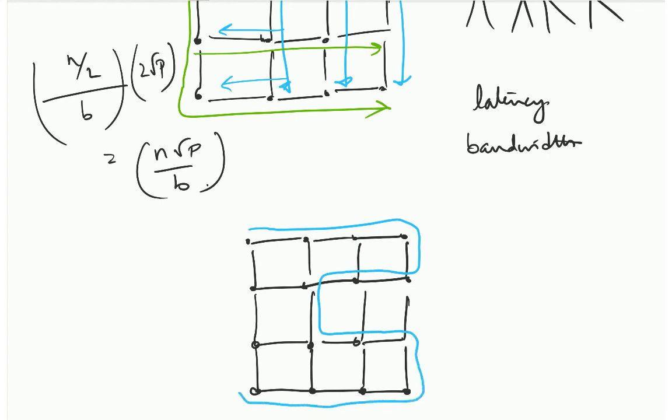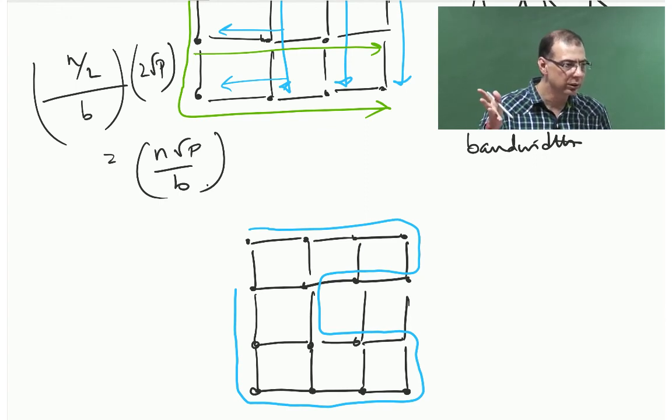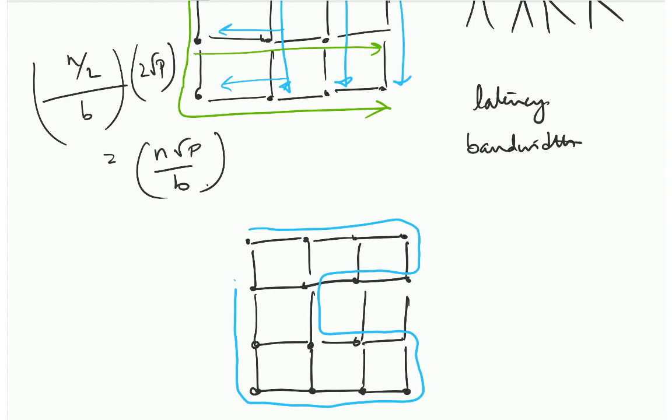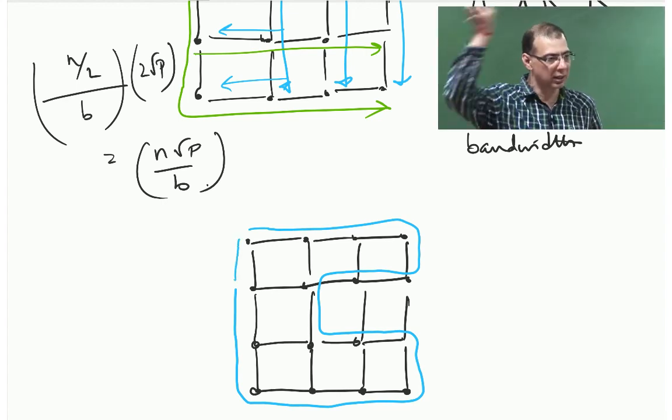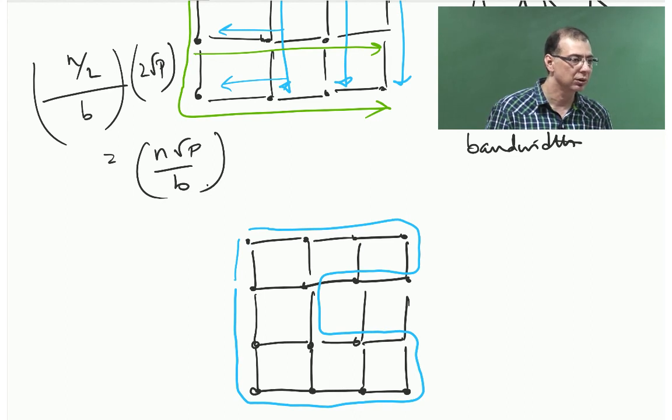What is this doing? This is overlaying a linear array. We already studied linear arrays. This is just embedding a linear array on a 2D grid. Once I complete this part, it's the torus, so the wraparound link is also there, and now I can again use it in two directions. So this is a simple embedding that I can use.